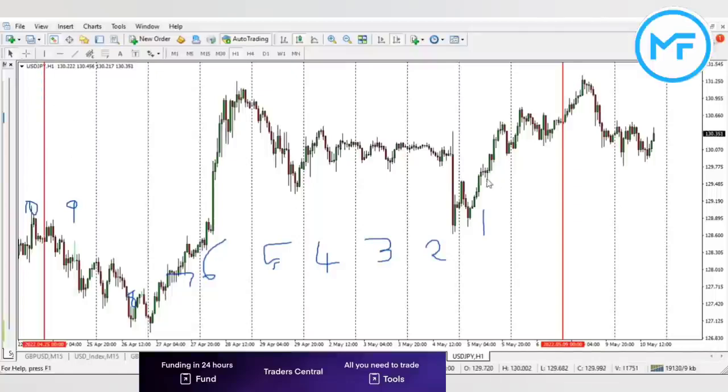Understand? 1, 2, 3, 4, 5, 6, 7, 8, 9, 10. This one has moved because we moved the chart.